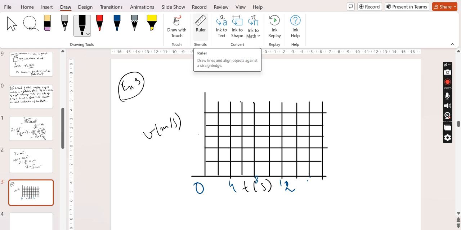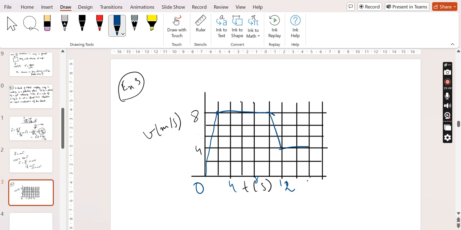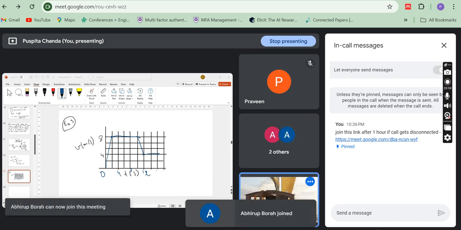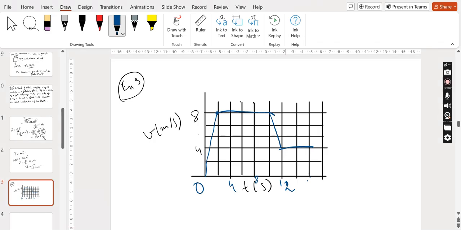At 2, the velocity is 8. So basically, the graph is that.